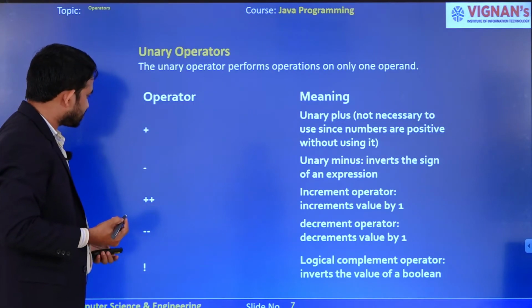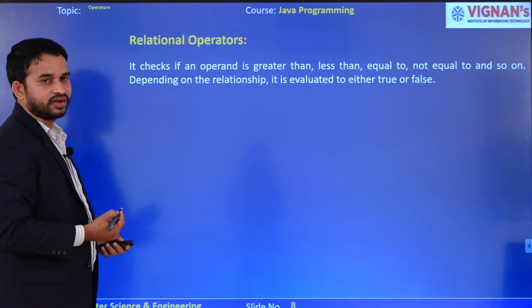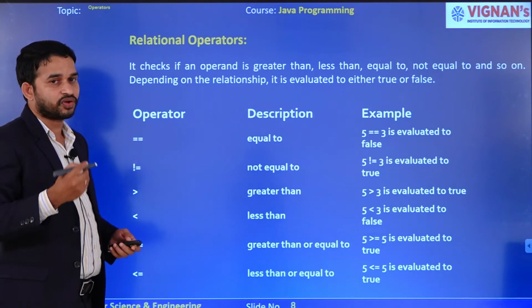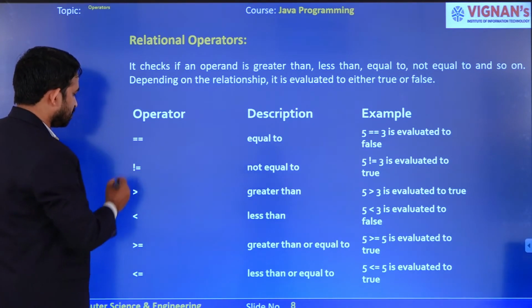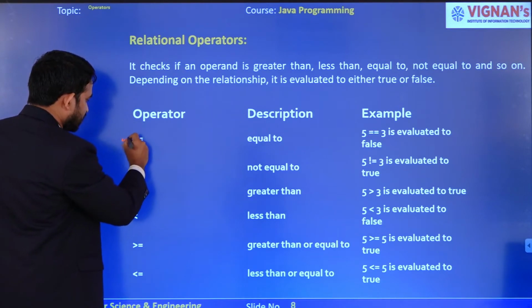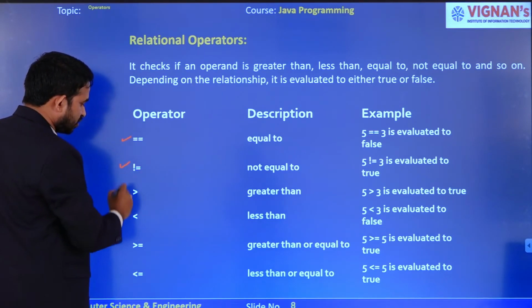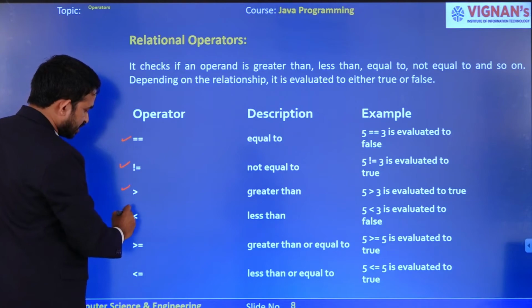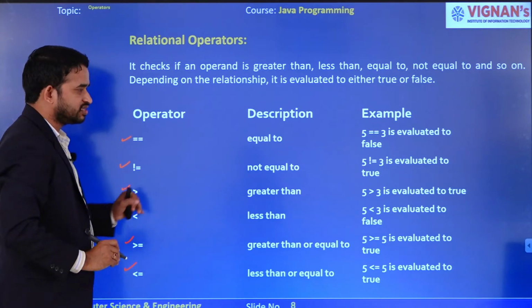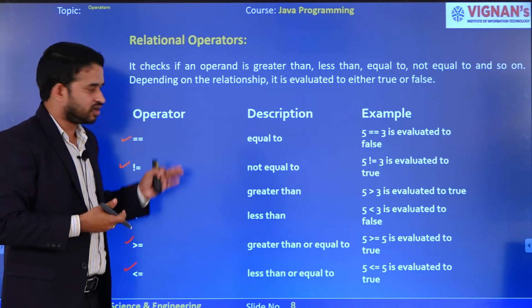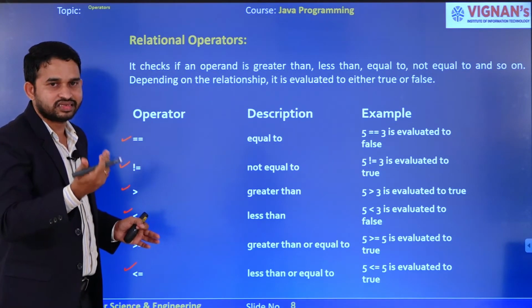The next one is relational operators. This is very, very important while we are writing our program, right? What are the relational symbols we generally use? Those are mainly equal to, not equal to, greater than, less than, greater than or equal to, less than or equal to. You are already aware of all these symbols, right? You already learned them in C and C++.